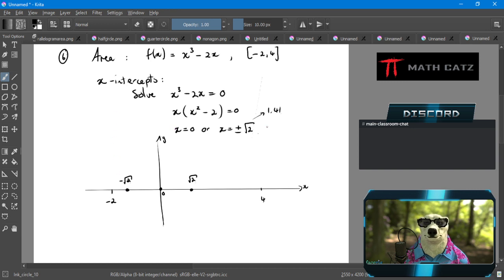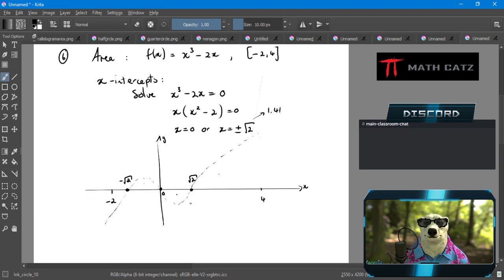It doesn't really matter. I could have a graph up here going like this and then turning, something like that, which means I'm going to have negative areas, positive areas, negative areas, positive areas, and I need to isolate them all in order to find the total area.